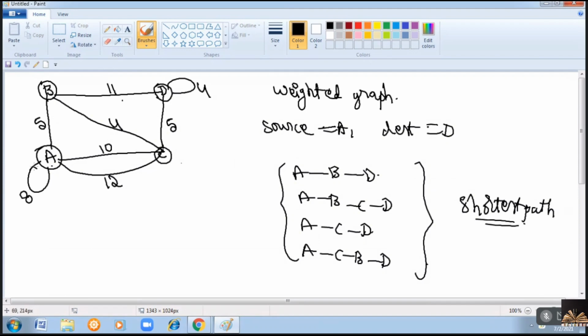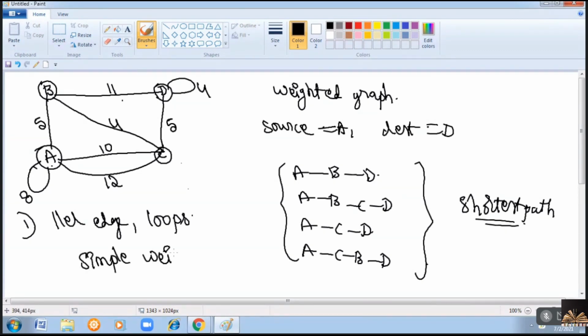The first step we have to follow in this algorithm is whenever you find any parallel edges and loops, that means if it is not a simple graph, you need to convert it into a simple weighted graph. Simple graph means there should not be any loops or parallel edges.